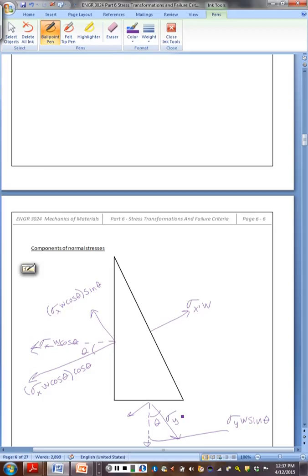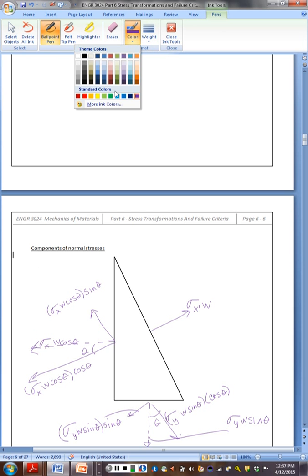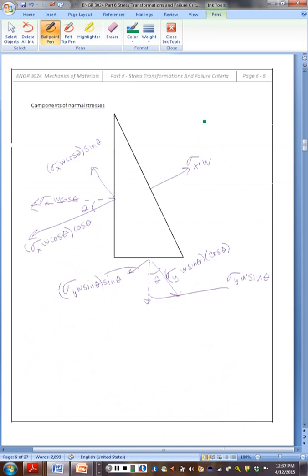Similarly here, sigma y W sine theta times cosine, and sigma y W sine theta times sine theta. That gives us all of the components of the normal stresses in our new coordinate system.